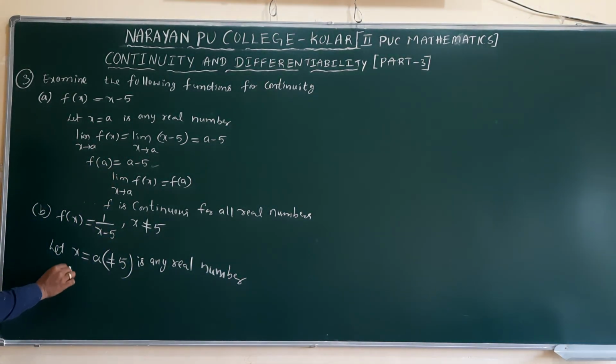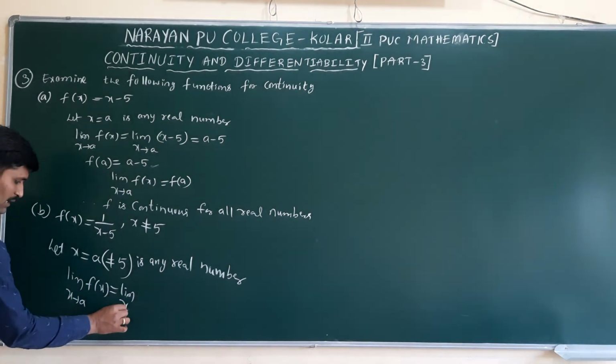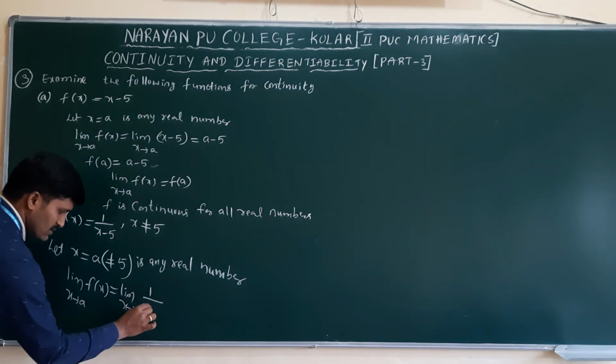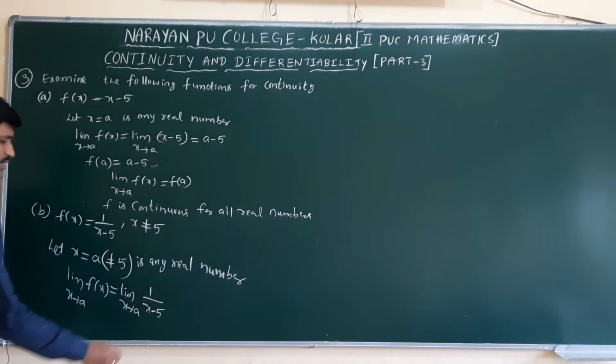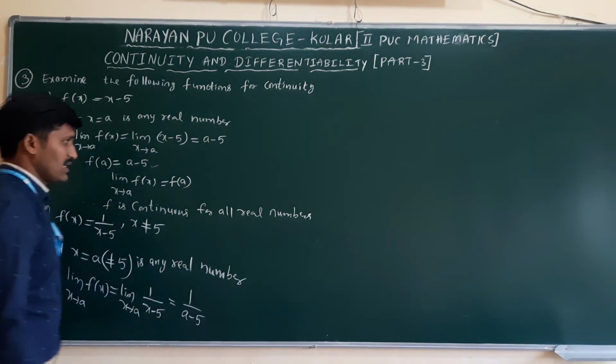Same limit of the function and function value. Limit as x tends to a of f of x equals limit as x tends to a of 1 by x minus 5. Substitute a in the place of x, so 1 by a minus 5.